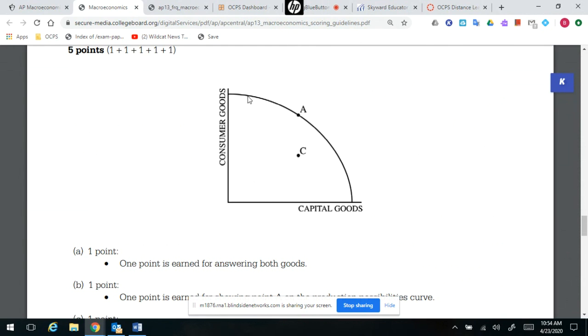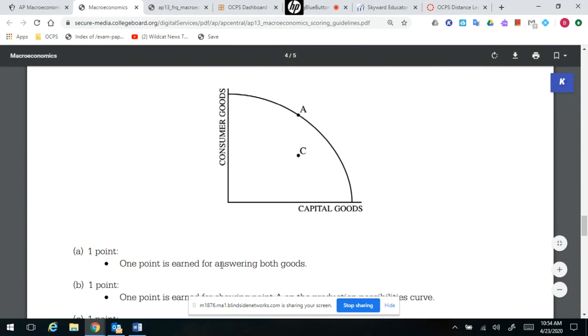Or if you were producing up here and you shift in the other direction from consumer goods down to capital goods, you're giving up consumer goods and you're making more capital goods. So either way you shift along the curve in either direction, you can show that there is a trade-off between these two, and that is an opportunity cost when you have to give up something in order to get something else. So the answer here is going to be both goods.